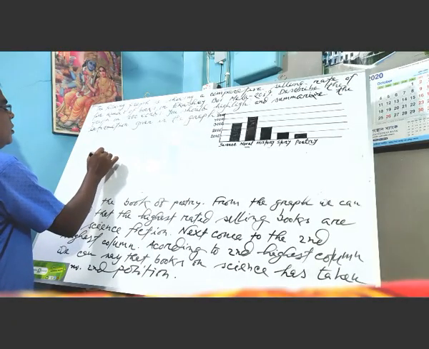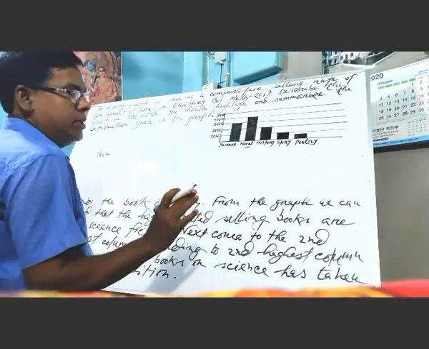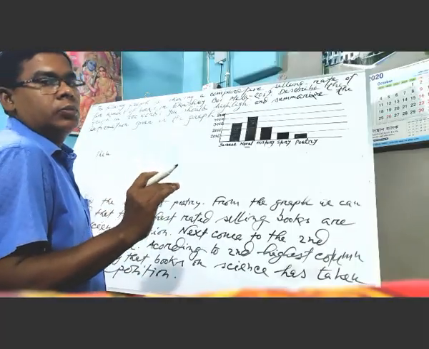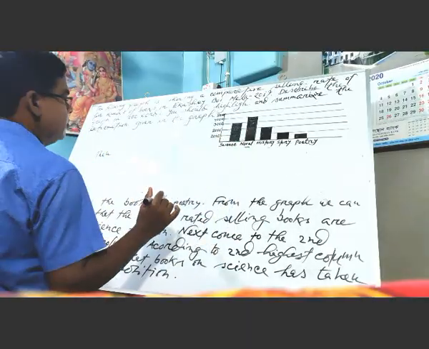Then, okay, then the third highest selling rate, the third highest book selling rate is on the basis of history book.